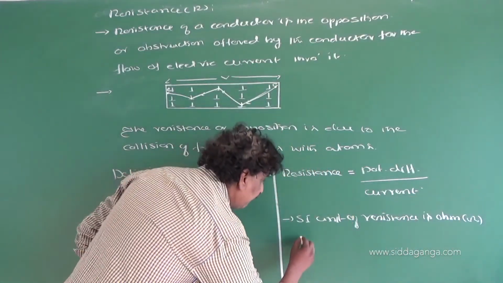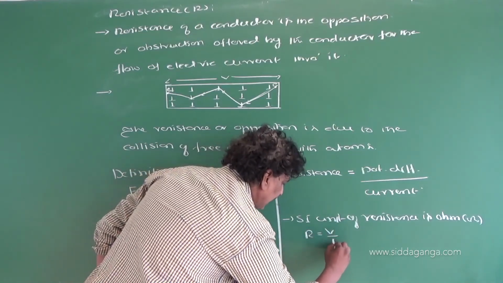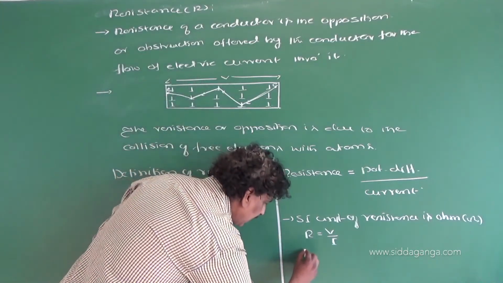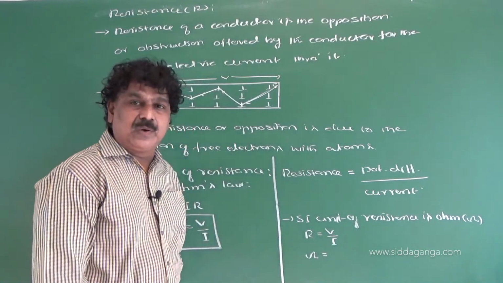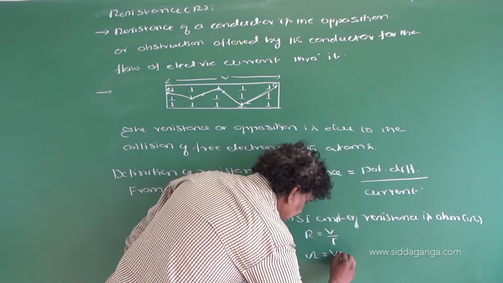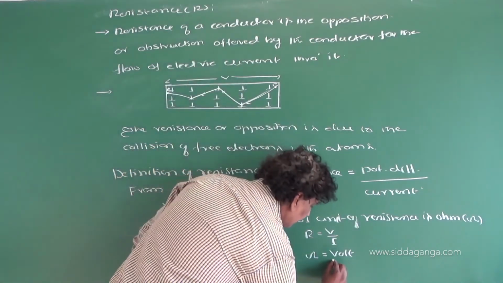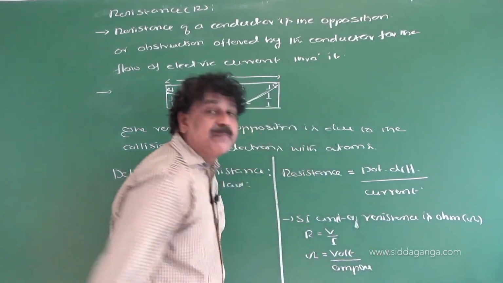Now again, by definition, we have R is equal to V by I. So the unit of R, that is ohm, is equal to the unit of potential difference, that is volt, by the unit of current, that is ampere.